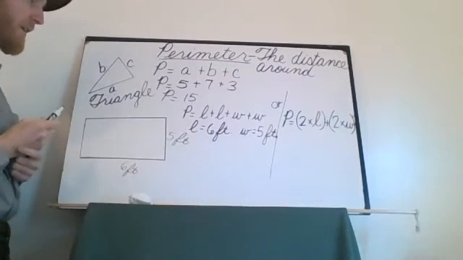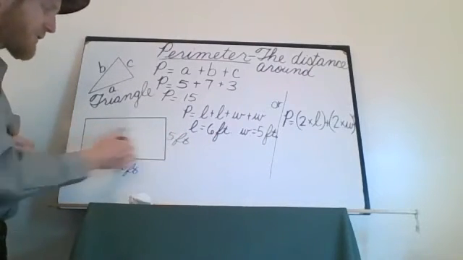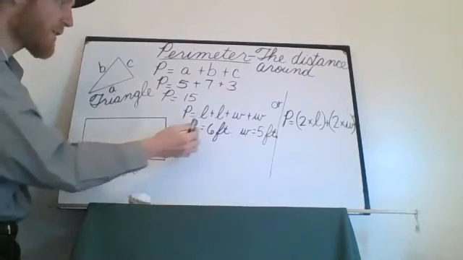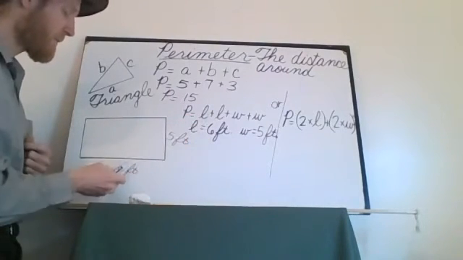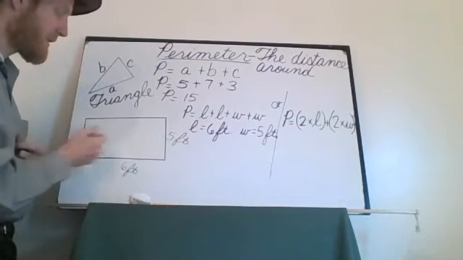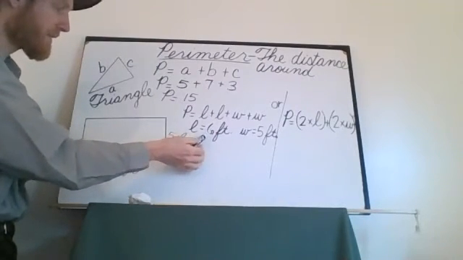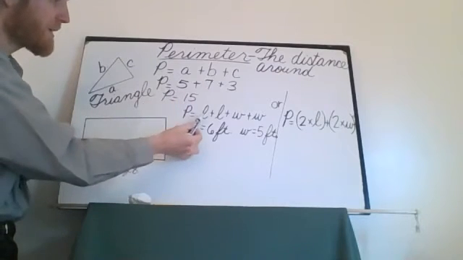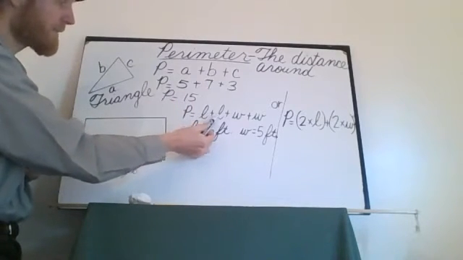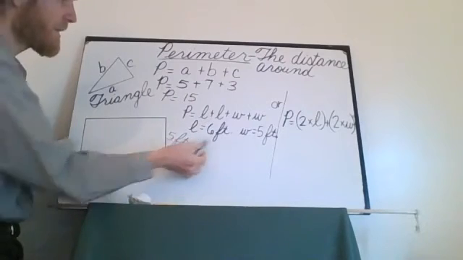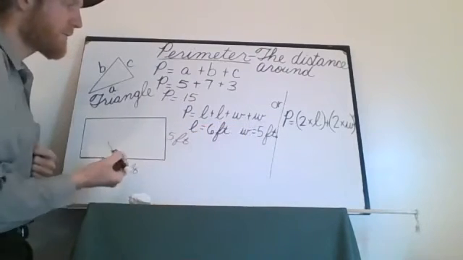How do you solve it? Well, we know these 2 are the same, and these 2 are the same. So if the length is 6, we would simply go 6 plus 6. And then if the width is 5, plus 5 plus 5, right?